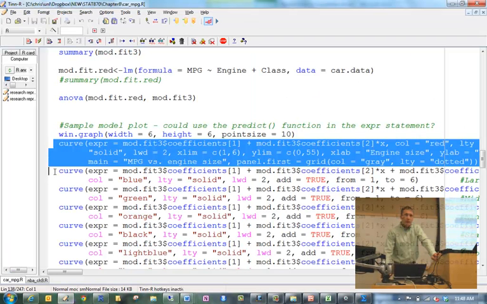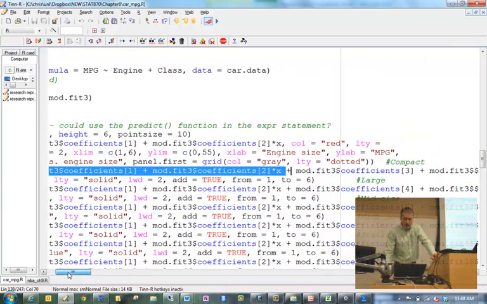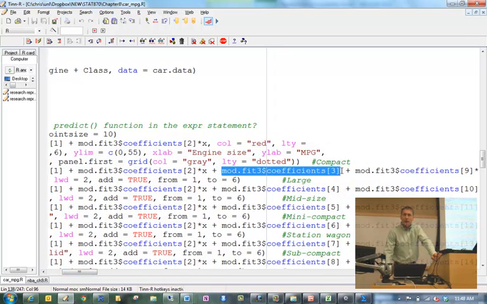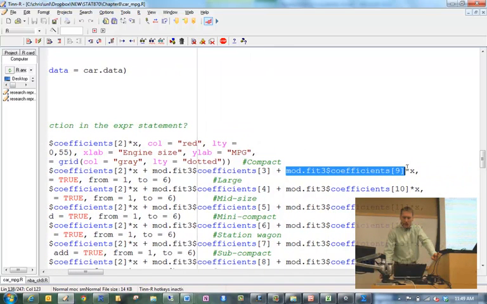I can do the same thing for large cars. B0 plus B1 times X, and then here's B2, because this corresponded to large cars, plus the corresponding B for the interaction term times engine.